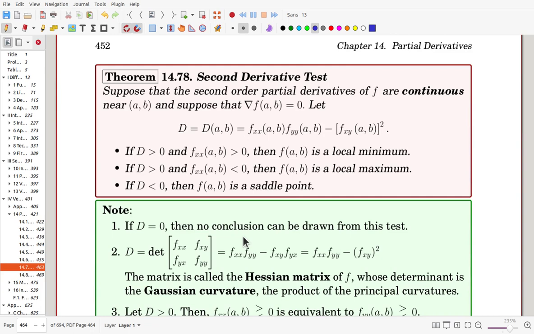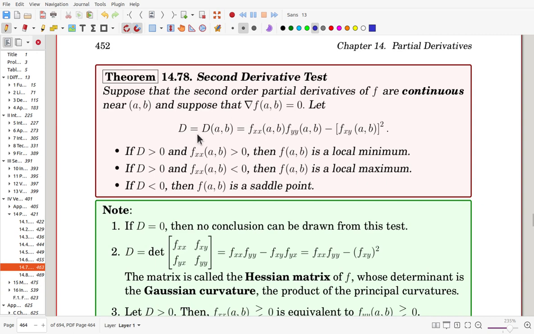Now we have the second derivative test. It is an extension of the one for functions of one variable, but it is a little bit different. Suppose the second order partial derivatives of f are continuous around the point (a, b), and also we assume that the gradient of f at the point is 0, which means (a, b) is a critical point.